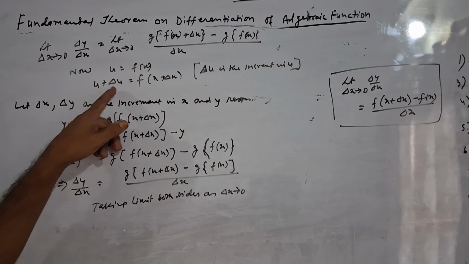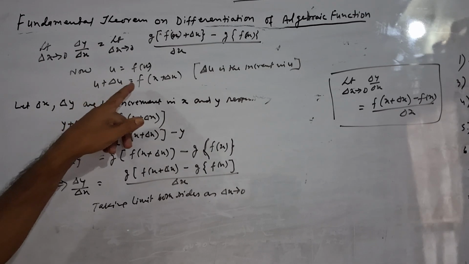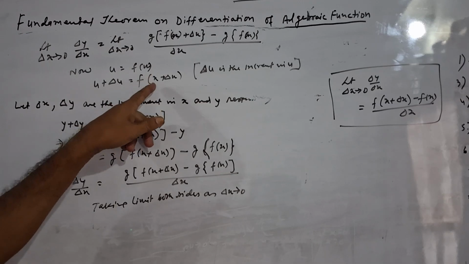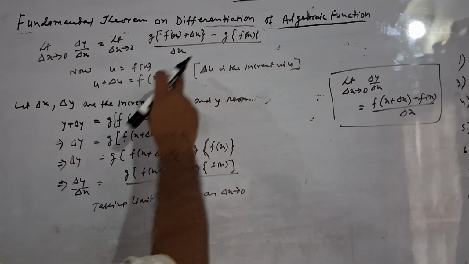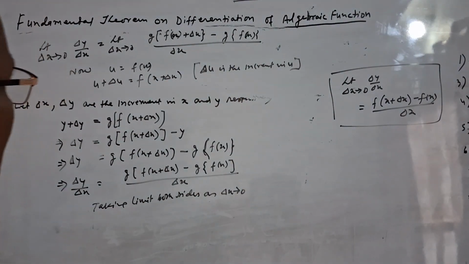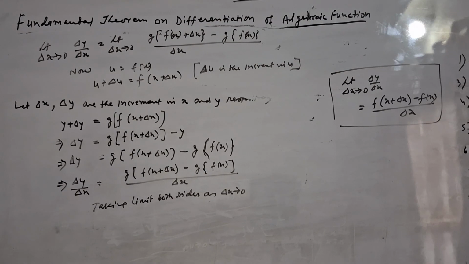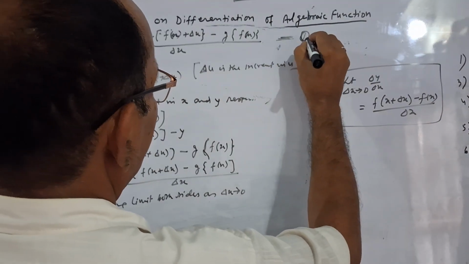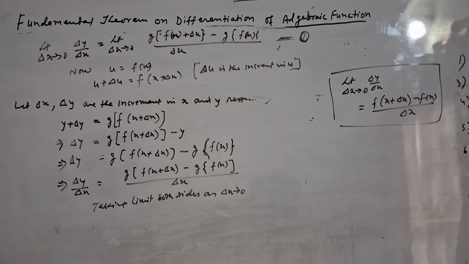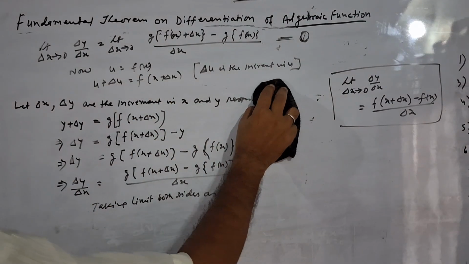That is, we can write u plus delta u equal to f of x plus delta x. Now, if we put this value here, suppose this is equation number 1. If you write it there, it is easy to state. Now I am erasing this line.